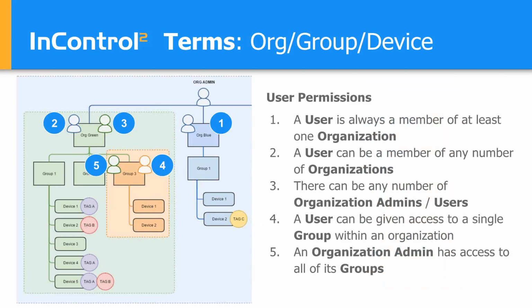Now, a user can be given access to just a single group within an organization. Think of it as a way for security, restricting someone to only a particular group of devices. Now, the org admin has keys to the kingdom. They have access to everybody associated to that account or organization level.